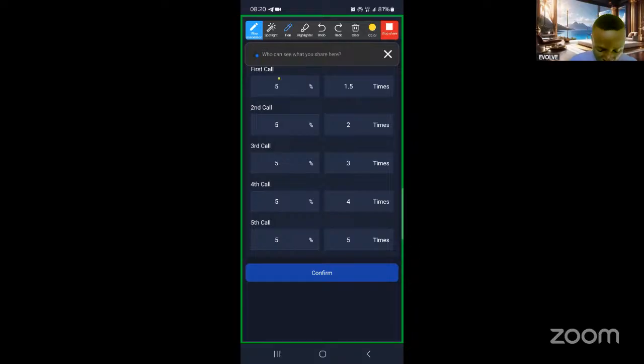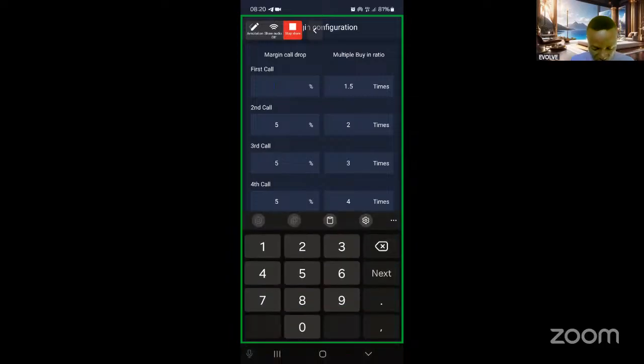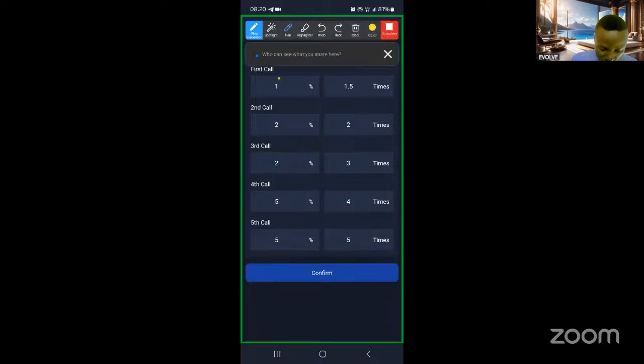So what you do, reduce the first big positions and increase the last positions. So you can do 1, 2, 2, which adds up to basically a total of negative 5%.